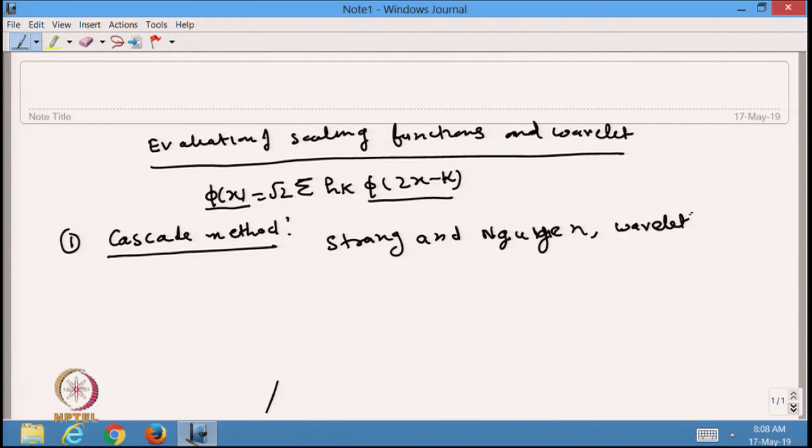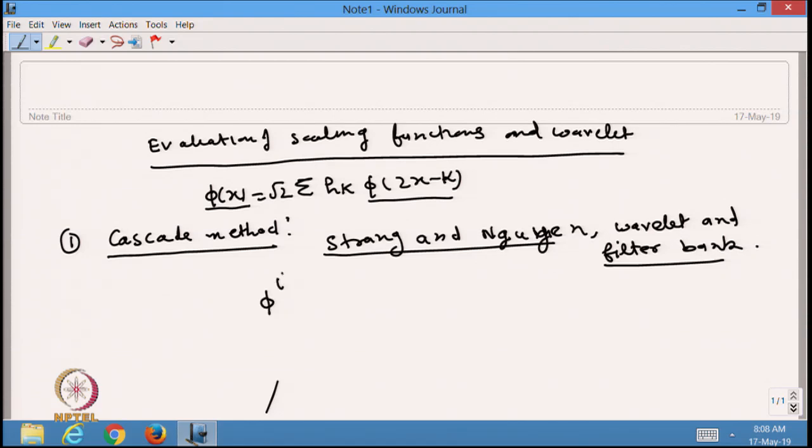This is the title of the book, published by Springer. You could refer to it for the detail about this method. The basic idea I am explaining here.